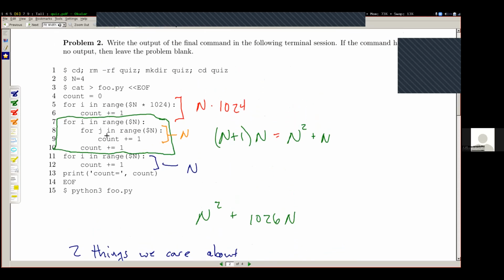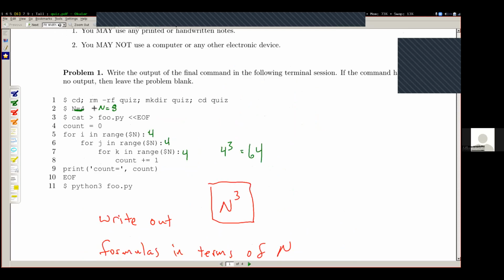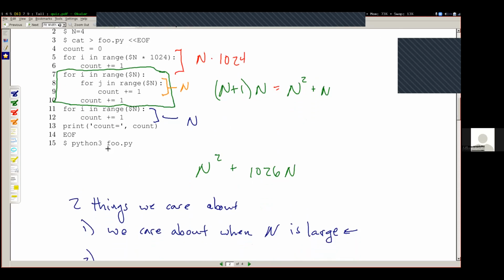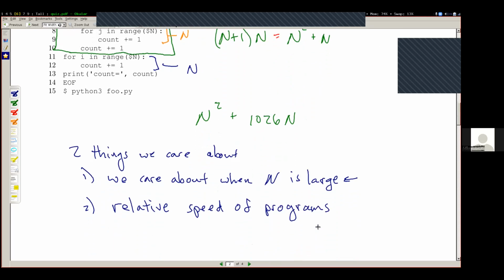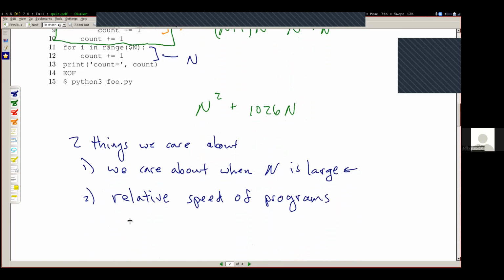Do I think that the program in problem 2 is going to be faster, or do I think that the program in problem 1 is going to be faster? And so what we care about is not the absolute speed of programs, but the relative speed of programs, or the comparison between two programs. In this case, the comparison of the count values.